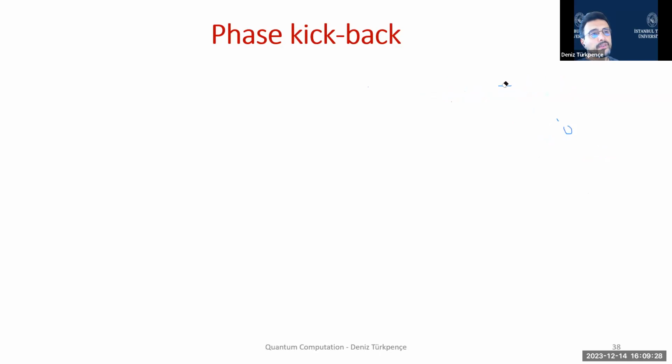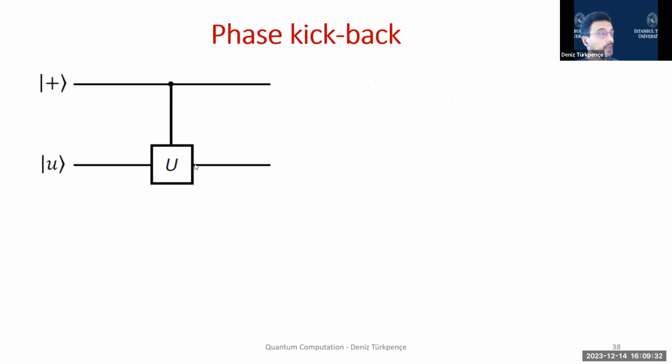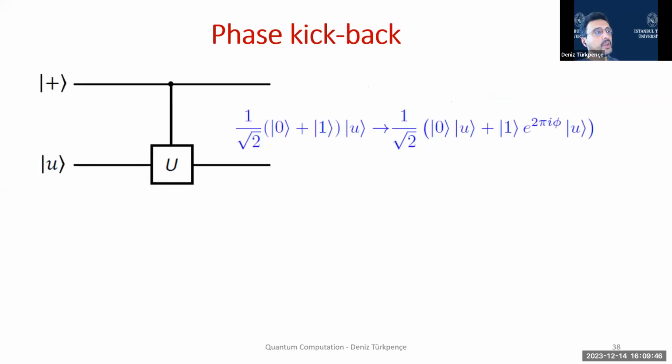So this was to remind you of the eigenvalue problem. Assume that we have such a circuit, and this is a control U operation, and assume that this state is an eigenstate of U. Only in this case can we talk about this. And here I have a plus state.